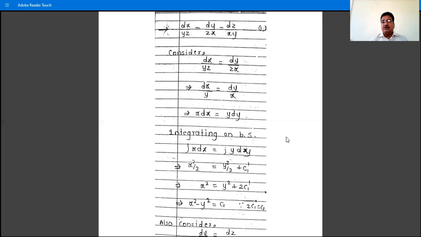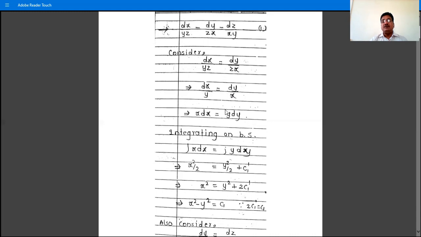Then apply the method to solve the linear differential equation. So we first learn all these types: variable separable, homogeneous, non-homogeneous, linear, exact, Bernoulli. This is of the variable separable type, so separate the variables. In the LHS, all the x variables are collected.